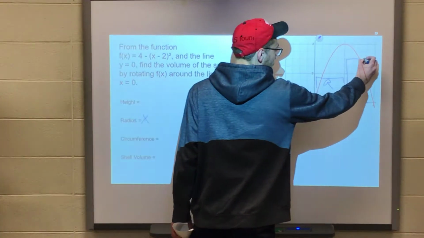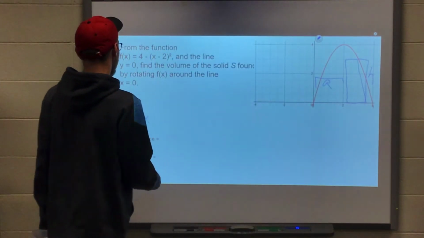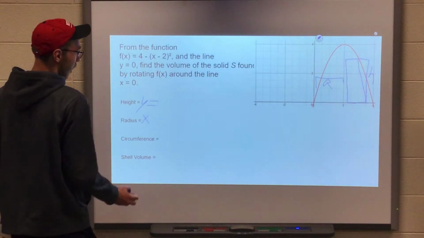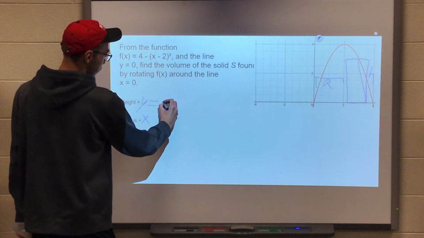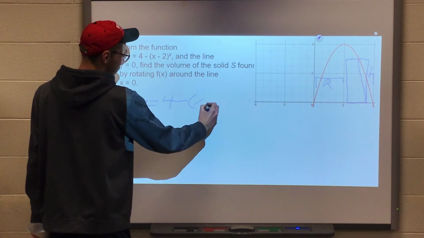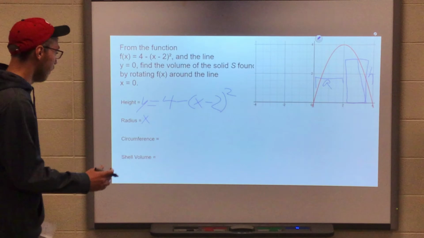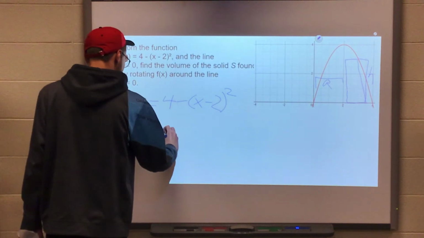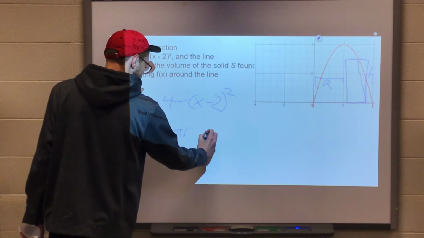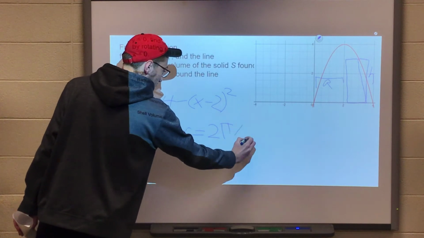Then I would find the height, which is in terms of y, so we'd have to translate it into x, and we have this equation, which would be 4 minus the quantity x minus 2, all squared. The circumference is 2 pi r, which then equals 2 pi x.